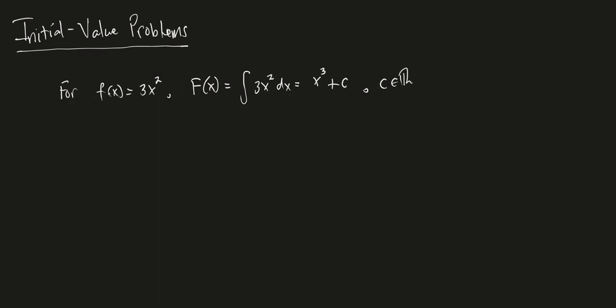And granted, it's nice to be able to manipulate the equations and know what the equations mean, but really, what is this x cubed plus c all about, right? Well, if you think of it purely algebraically, and if we think in terms of functions, we know what the graph of x cubed looks like.